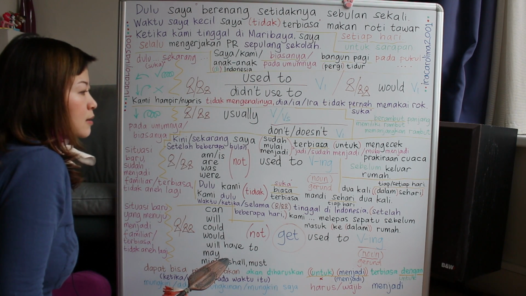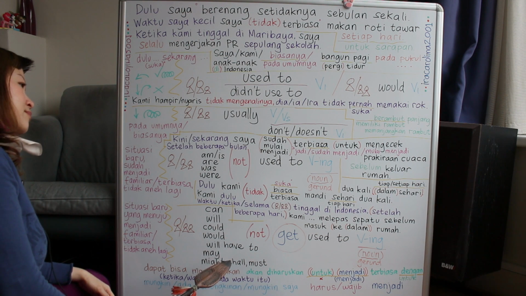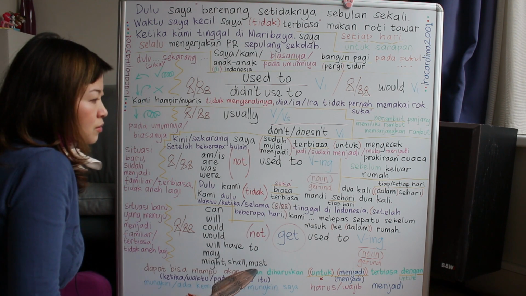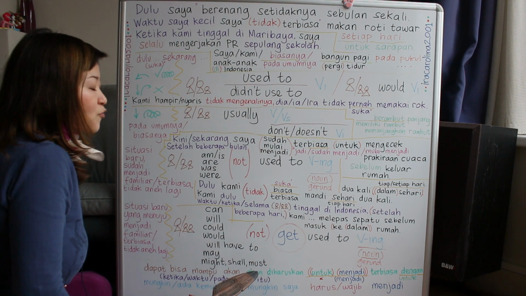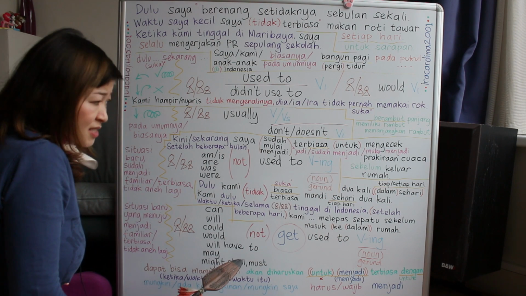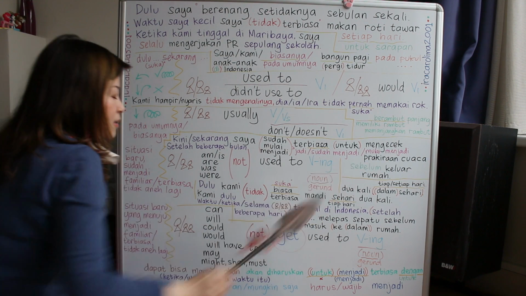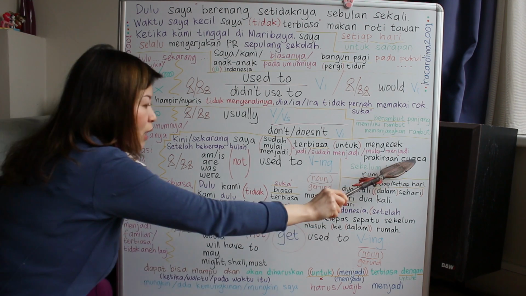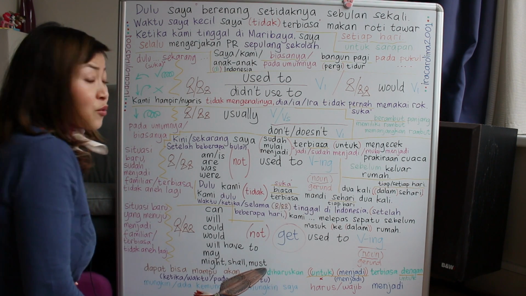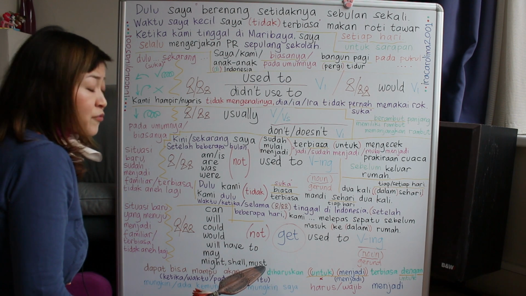Terbiasa, used to. Untuk, can use, can skip. For, mengecek, checking. Perakiraan cuaca. Cuaca is weather. Perakiraan cuaca, weather forecast.